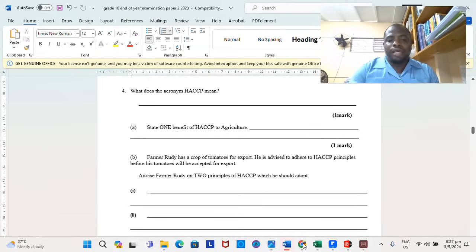Once you establish the critical control points, you want to have a monitoring procedure. And what this does is to ensure the limits that you set in place.